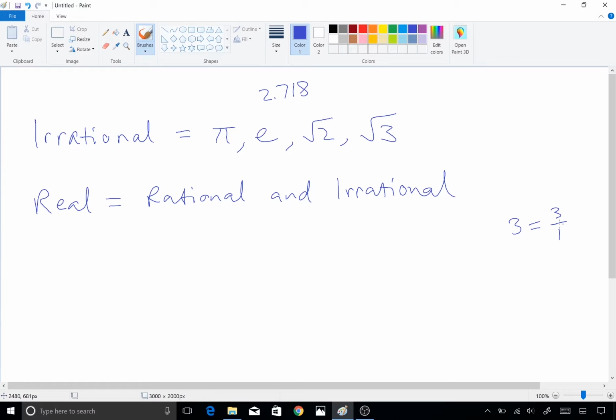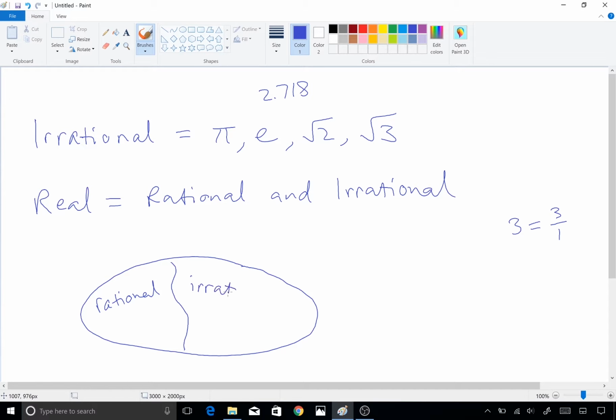If we diagram the real numbers, they look like this. They're split into rational and irrational because a number can't be both, and the integers are included in the rational section.